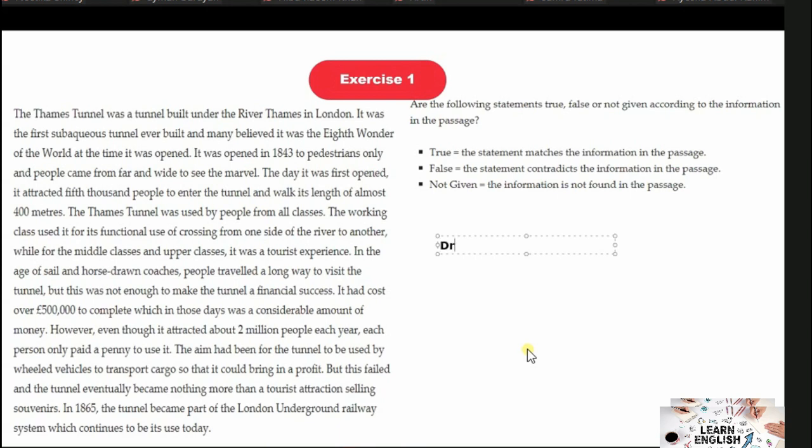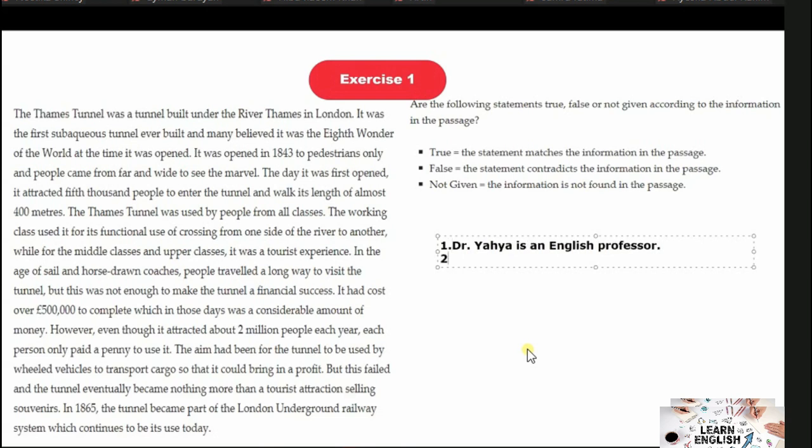So you read a passage, or imagine that you have a passage about someone whose name is Dr. Yahya, for example. And I said that Dr. Yahya is an English professor. This is number one.